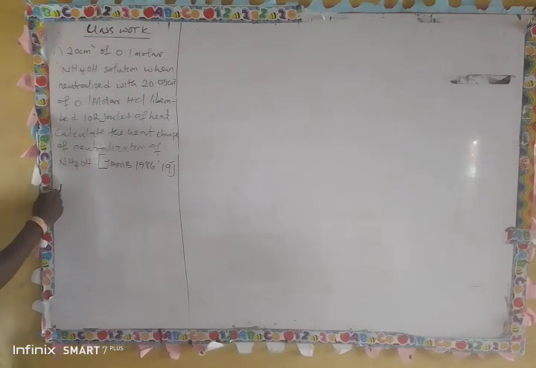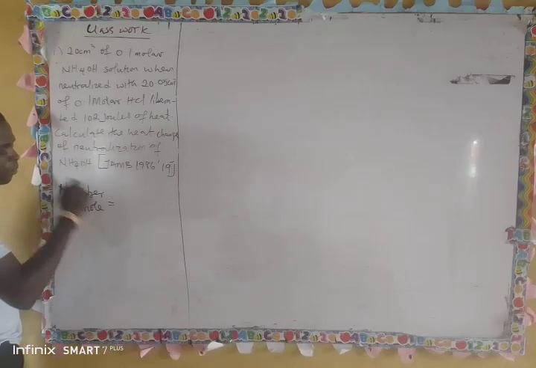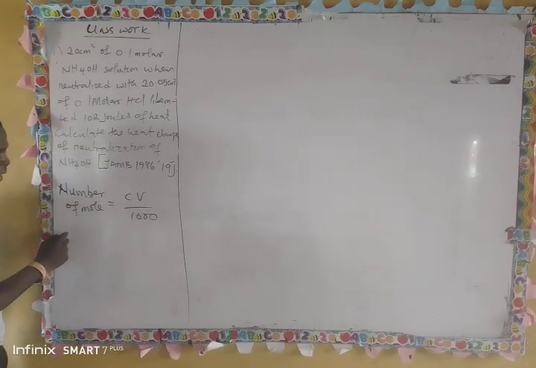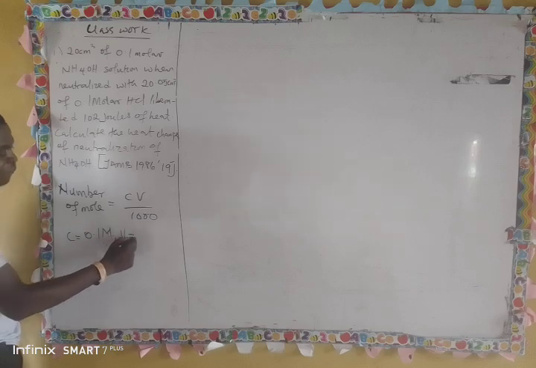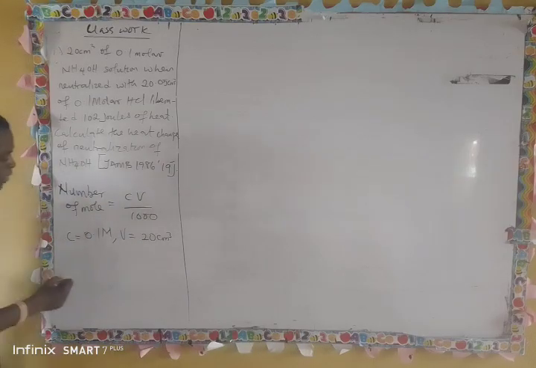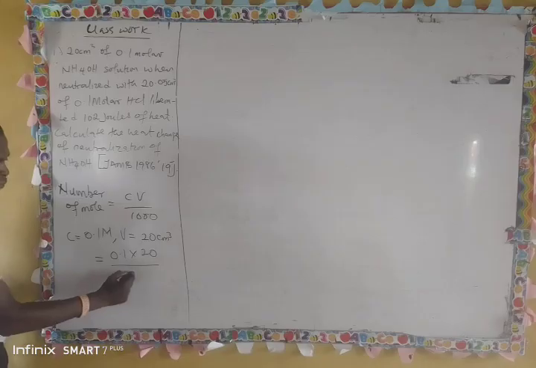So to do that, the formula to use is number of mole equals CV over 1000, where C is concentration in mole per dm cube, which is 0.1 molar, and V is the volume, which is 20 cm cube. So our number of mole will now be 0.1 times 20 over 1000.